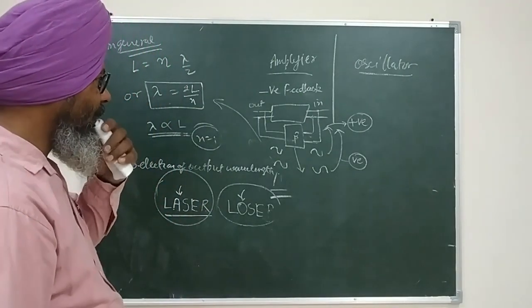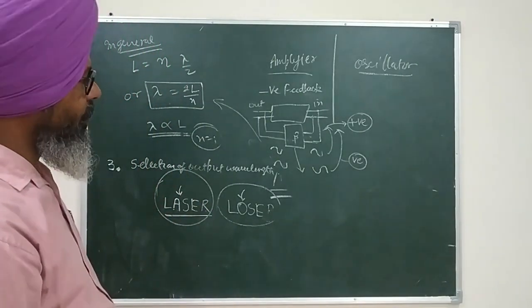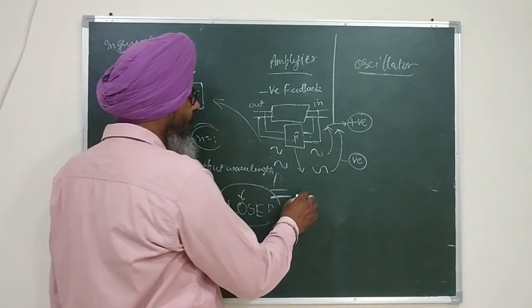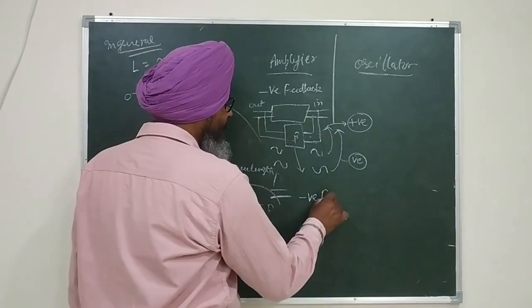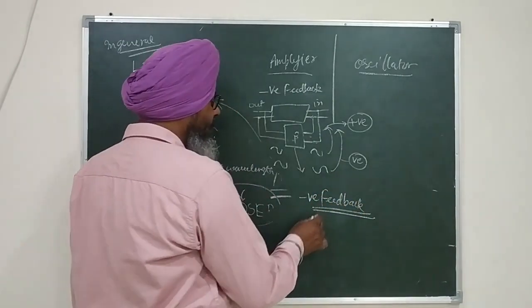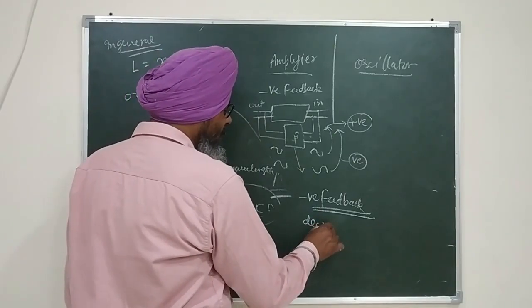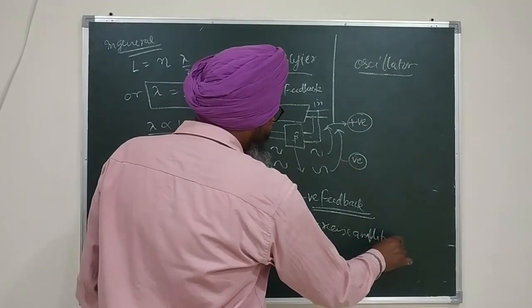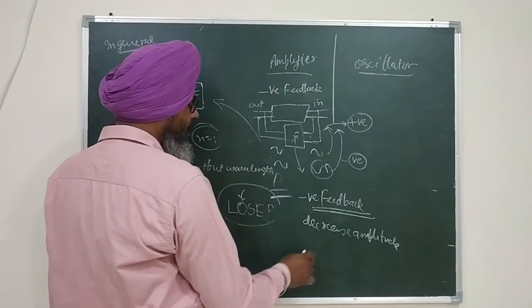Because of the noise problem related with the transistors, in order to remove the noise, we always use amplifiers with negative feedback. And what does negative feedback do? Negative feedback always decreases amplitude. Why? Because a phase change has been introduced.